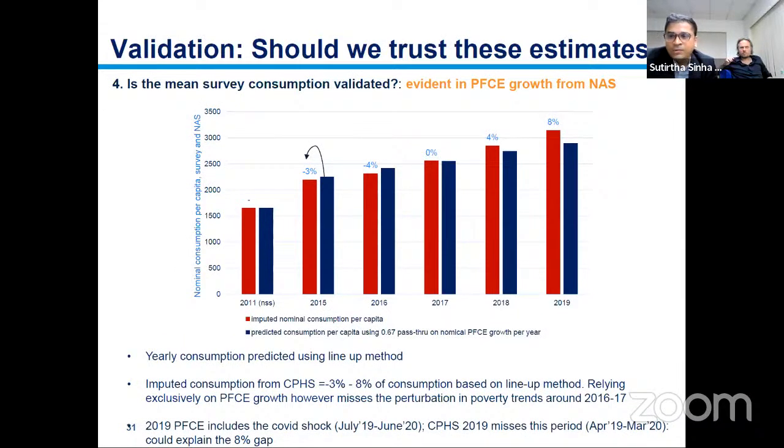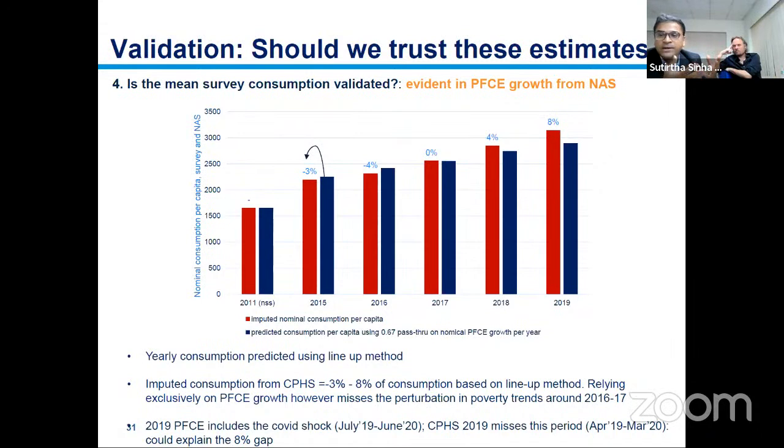Then let's try to see if we can also validate the mean consumption that our approach is yielding. One way to compare the survey consumption from our work is to think about national accounts data and go by what we usually do, which is that we assume that 67% of the national accounts consumption is passed on to survey consumption.